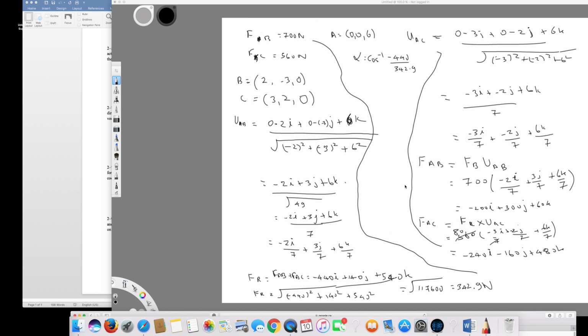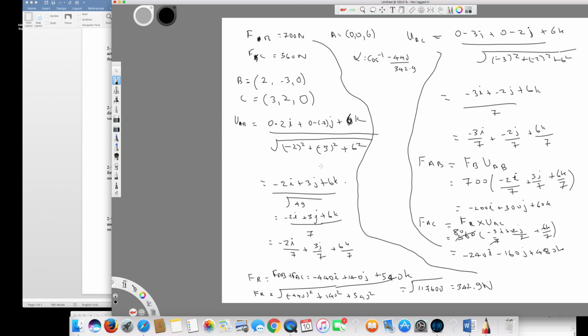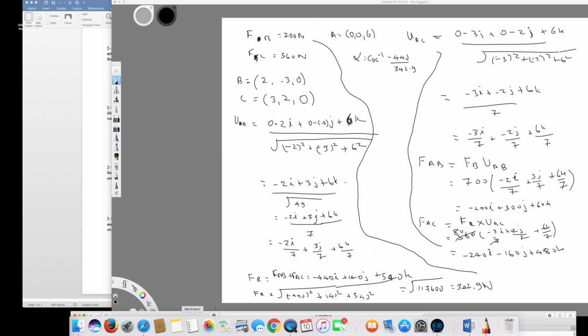Wait a minute, something is wrong, because the value is above 1. Did I make any mistake right here? Let's see. I'm going to find the FR value again and make sure we got the right FR value.